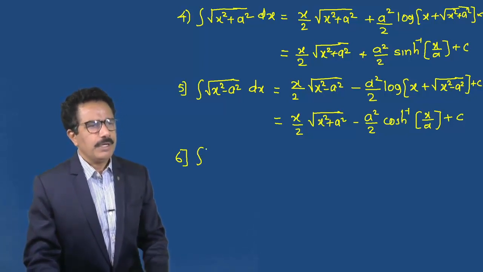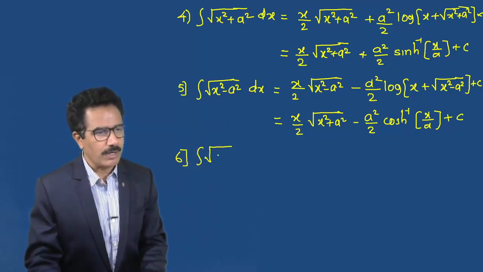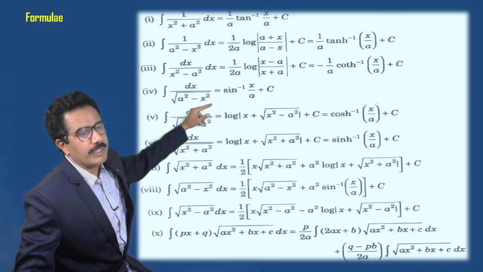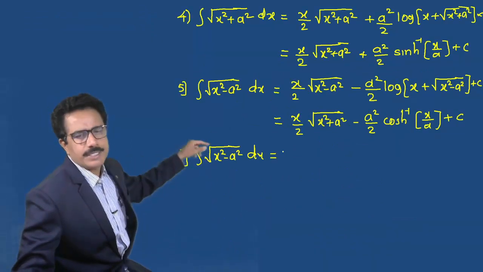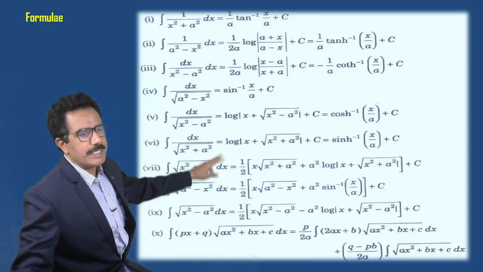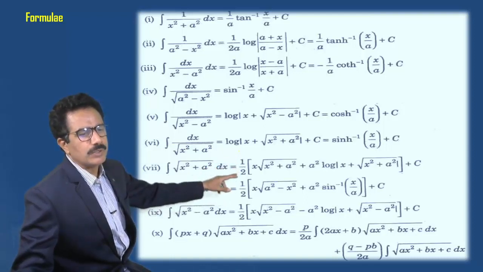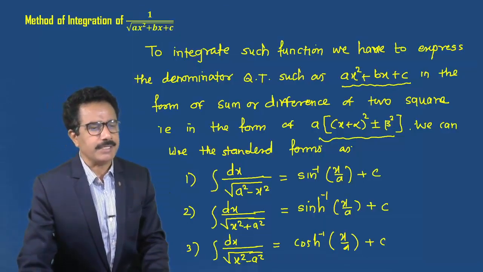And the last formula, that is number 6, integration of root of a square minus x square dx. Also it has two alternative formulas. First, we can use a square minus x square, that means x by 2 into root of a square minus x square plus a square by 2 into sine inverse of x by a.